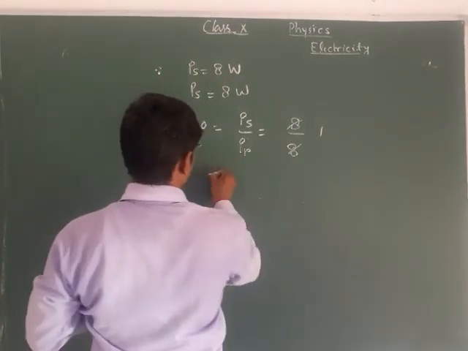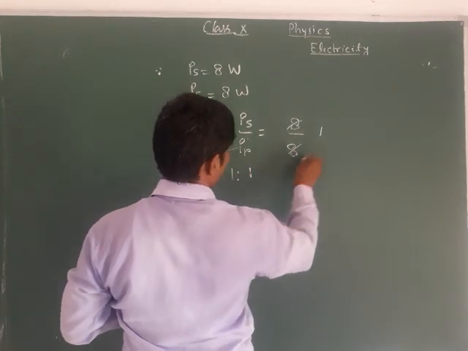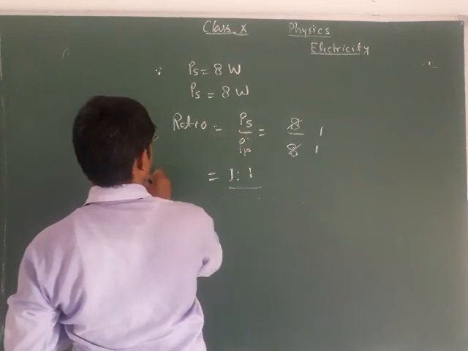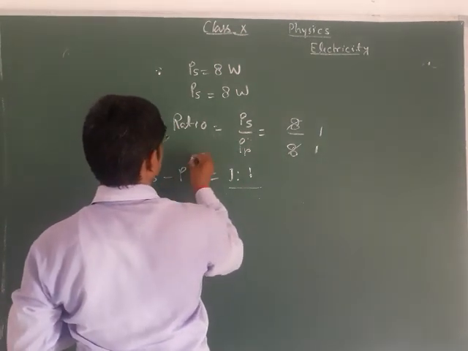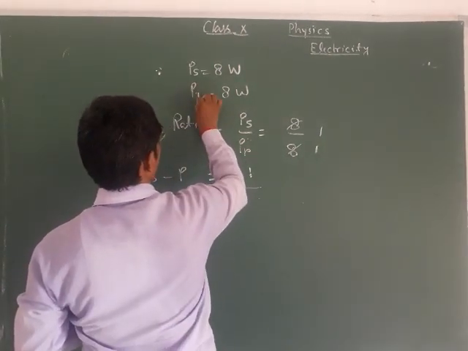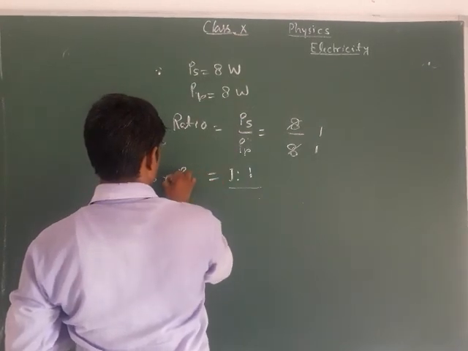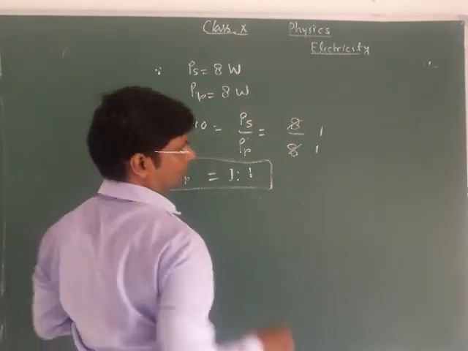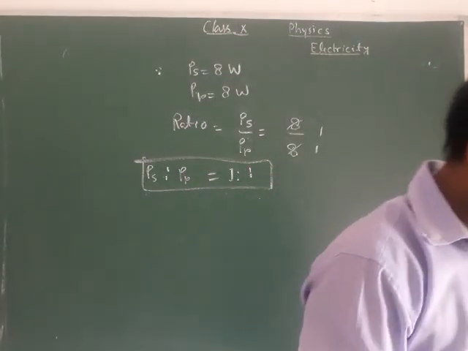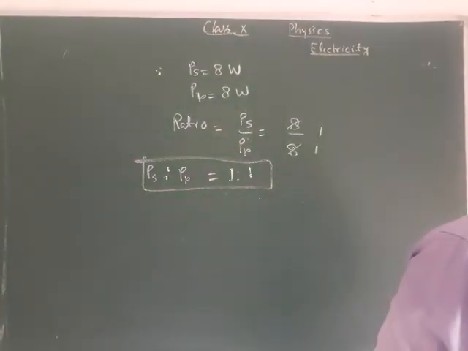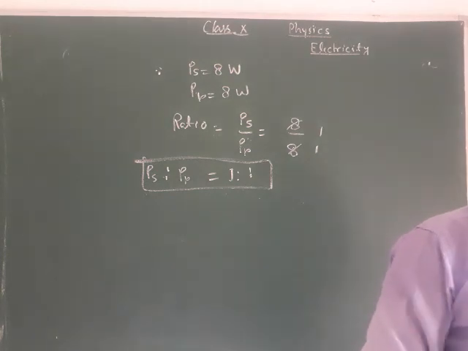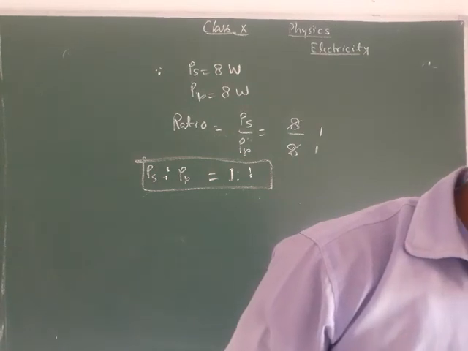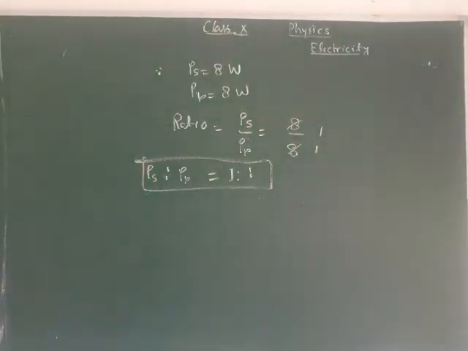So 1:1. So Ps upon Pp is equal to 1:1. That's all. Thank you.